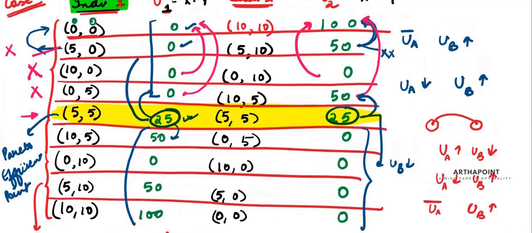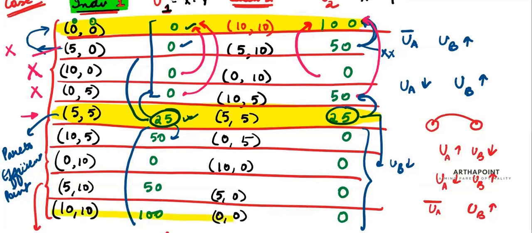Okay. Similarly, if you take this point, you will not be able to find any point such that you are able to increase the utility of one individual without decreasing the utility of the other. This is also a Pareto efficient point.